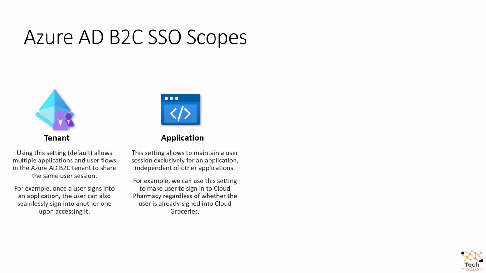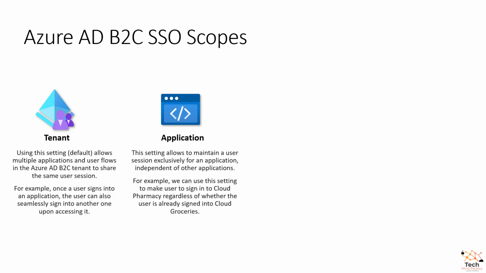This setting allows us to maintain a user session exclusively for an application, independent of other applications. For example, we can use this setting to make the user sign into the Cloud Pharmacy application regardless of whether the user is already signed in to Cloud Groceries. That's very important. There can be a situation where we don't want to share the session between different kinds of applications.